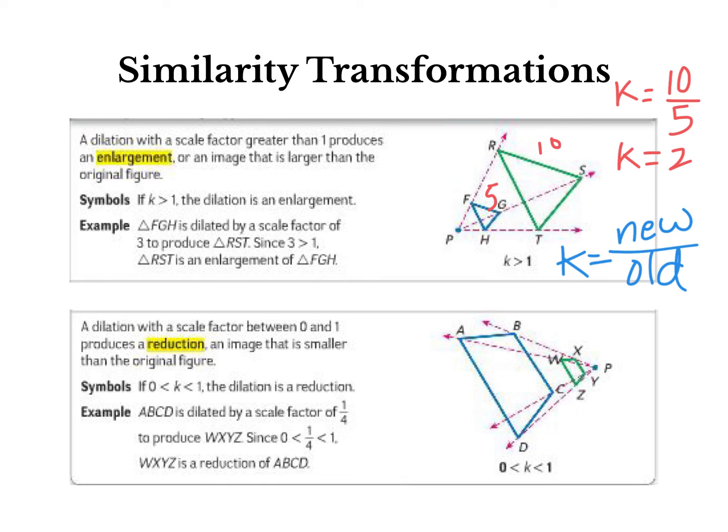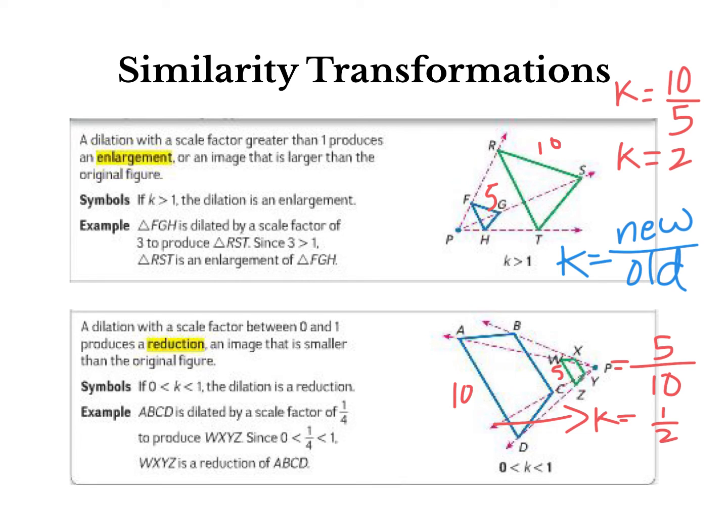If you look at the bottom one, we can also go the other direction. We can go from 10 down to 5. If we start with polygon ABCD and go in this direction, we can reduce the image, because now the new image is 5 and the old image where it started was 10. Notice how here the scale factor comes down to 1/2.